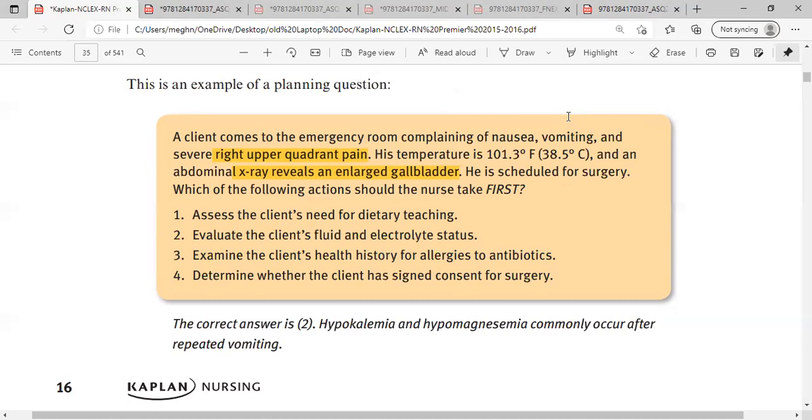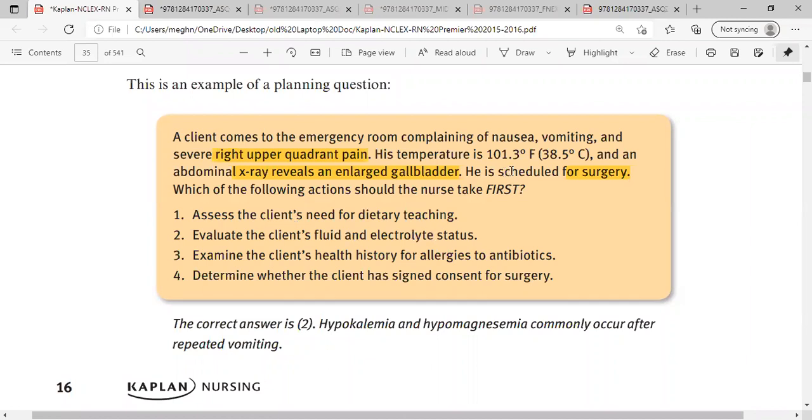Maybe the inflammation is because of a stone inside the gallbladder, and the doctor decides to remove the stone, so the patient needs a surgical operation. So in this condition, which of the following out of 4: assess the client's need for dietary teaching, evaluate the client's fluid and electrolyte status?